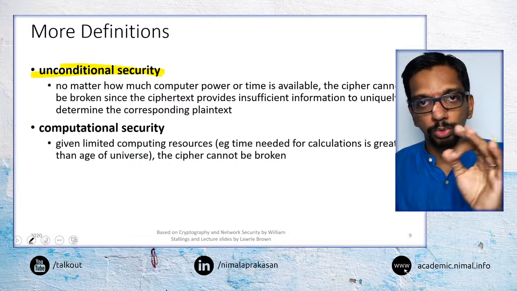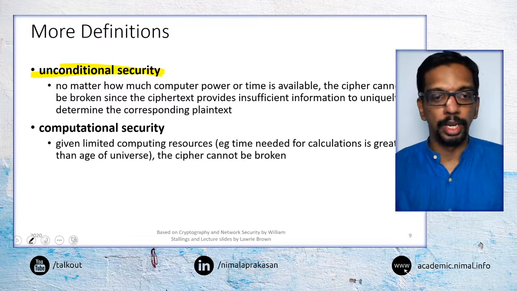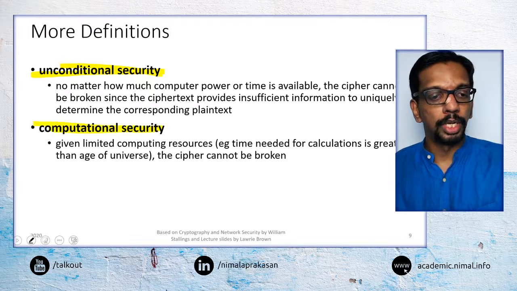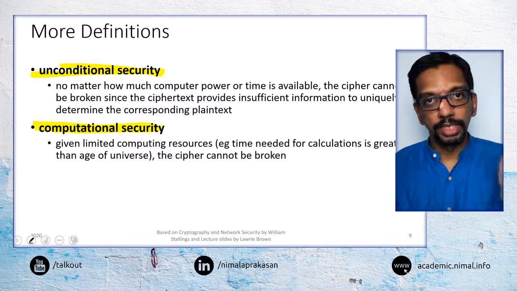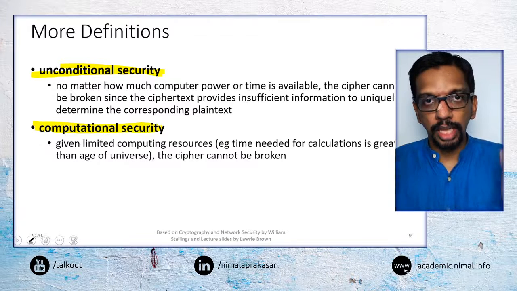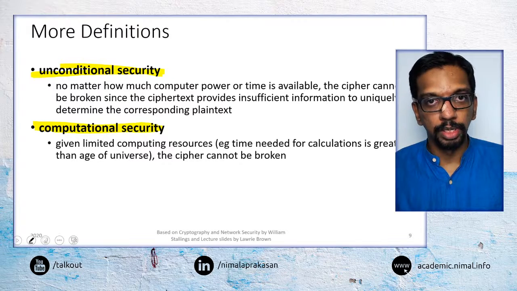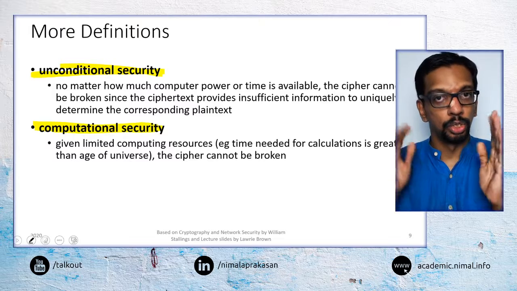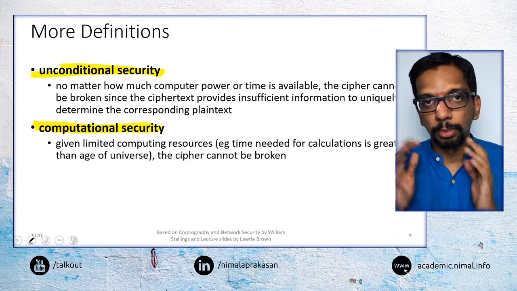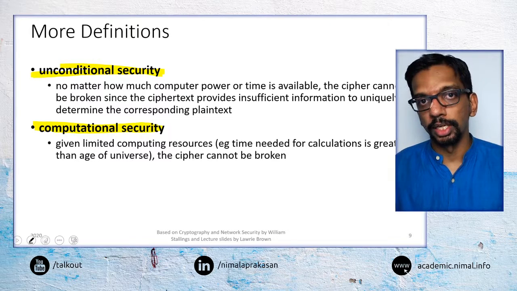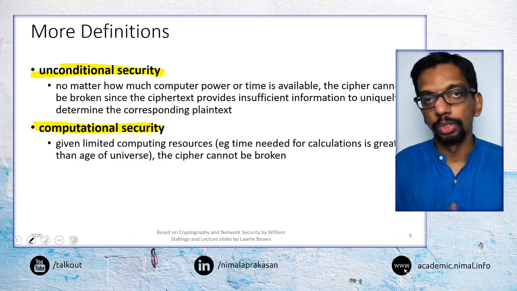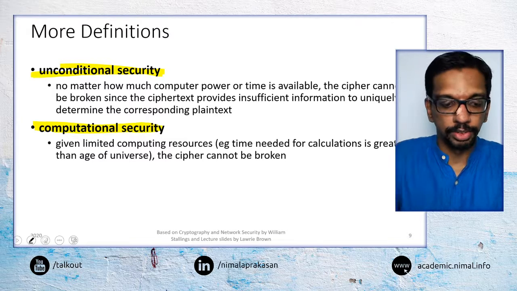The ciphertext could never be compromised into the plain text. Whereas in computational security, we will have certain constraints, and within that environment, it will not be compromised. So that is again 2 different ways that we can look at some of these encryption techniques, and they may fall into one or the other of these categories.